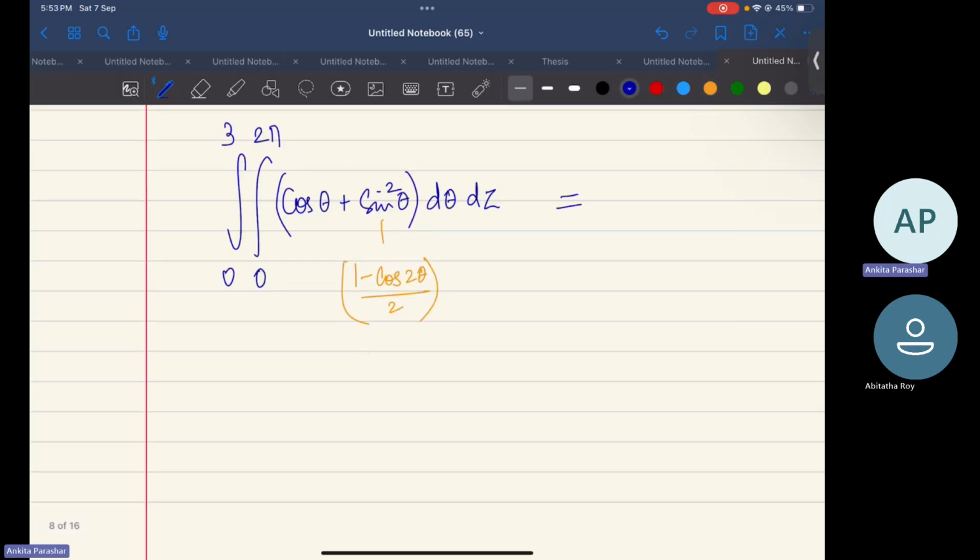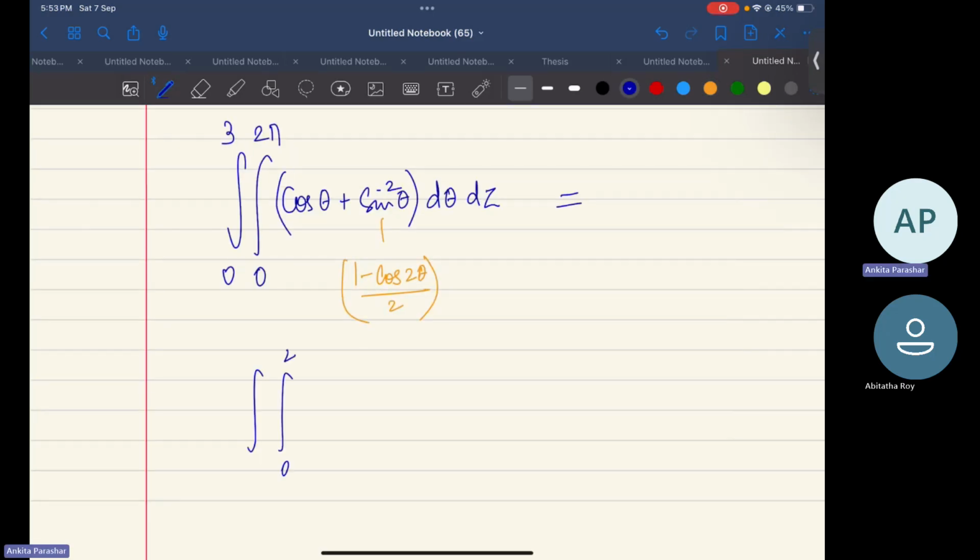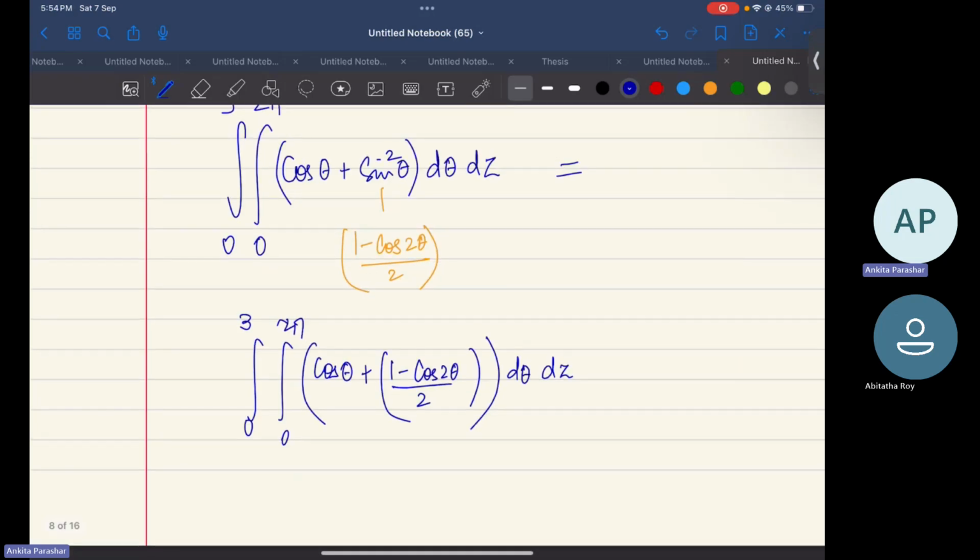Integration of cos is just sine, right? Then we have 1 by 2 constant, that integration would be theta by 2, then minus sine 2 theta by 4, since integrating cos 2 theta means you divide by 2.